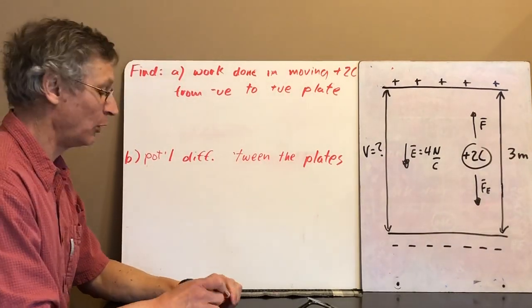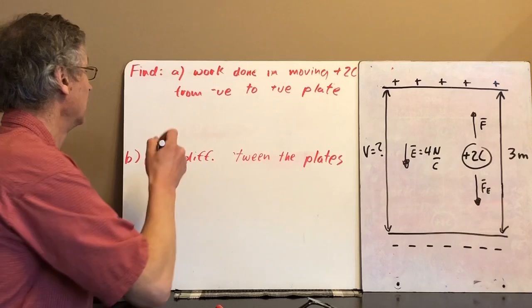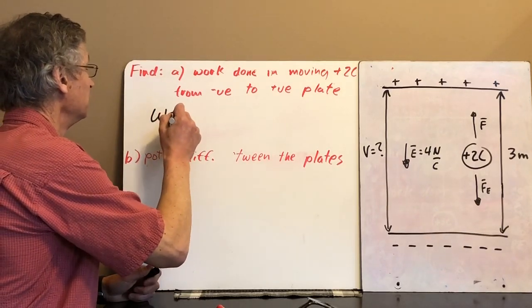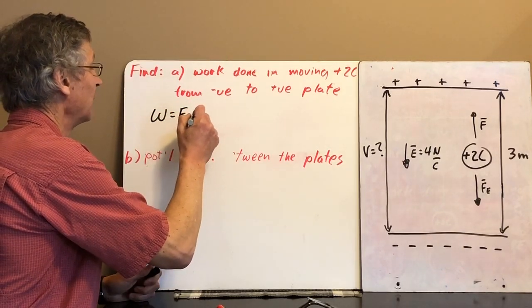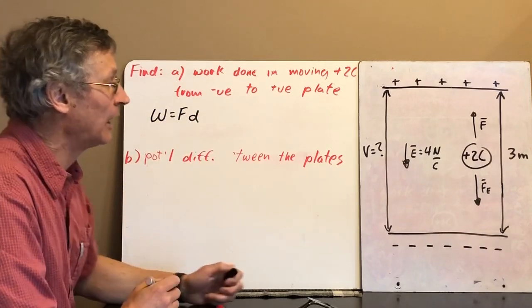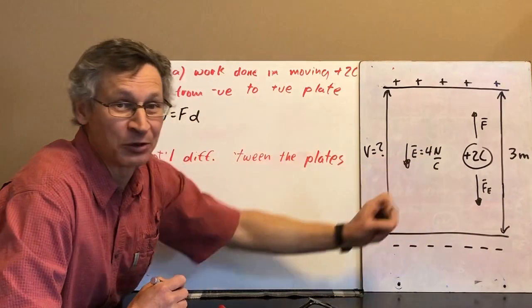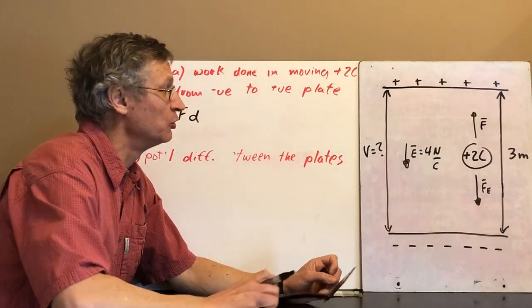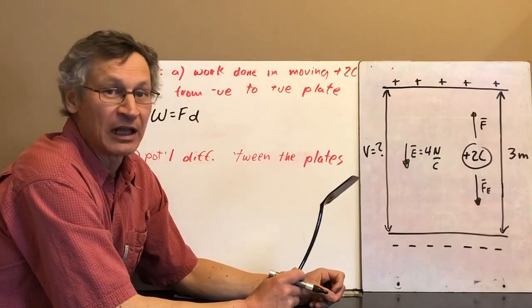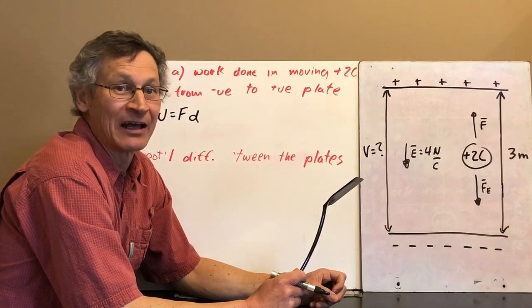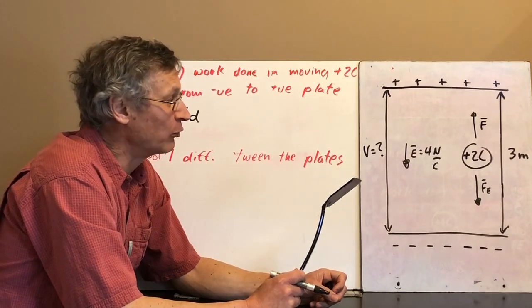Well, what do we know about work? We know that work is equal to force times distance. And as you're pulling this thing along, you probably realize you don't have to accelerate it to the speed of light. If you're pulling it along at a nice constant velocity, that would be good enough.